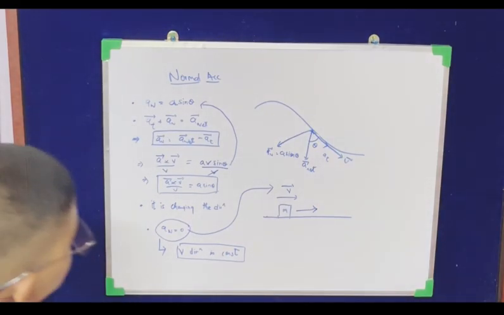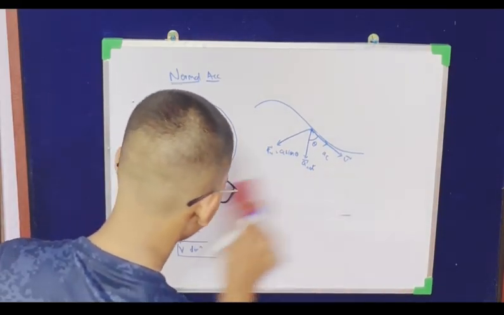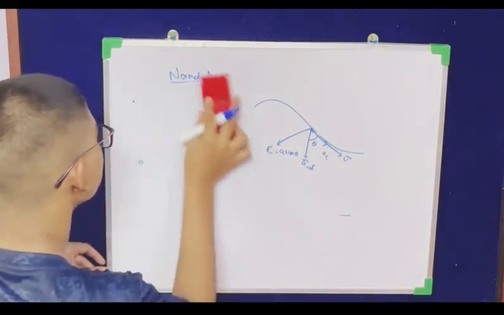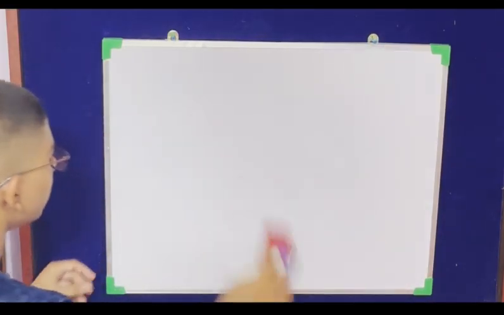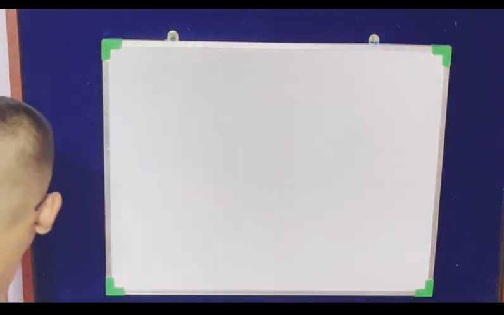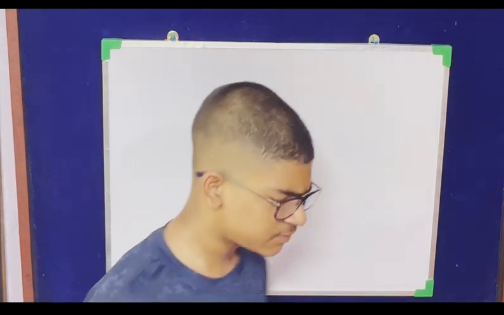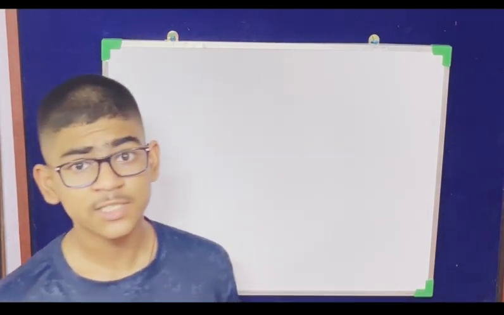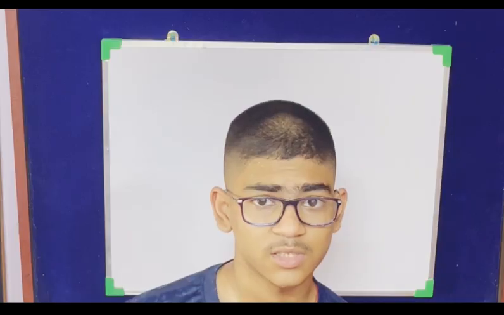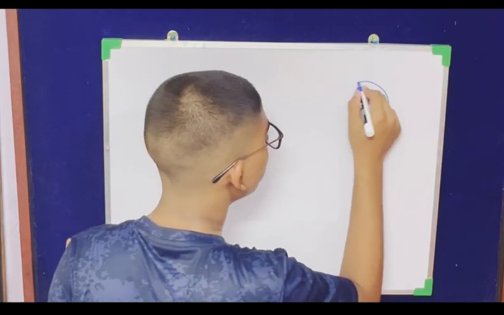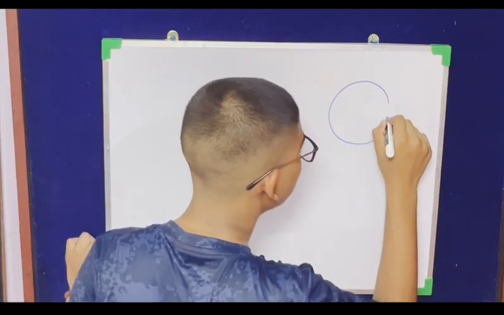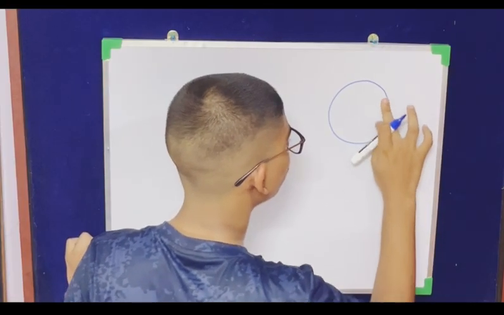So now let us start the dynamics portion. Before starting the dynamics, first let us visualize what circular motion means. Whenever an object is moving in a circular path, it is said to be in circular motion.